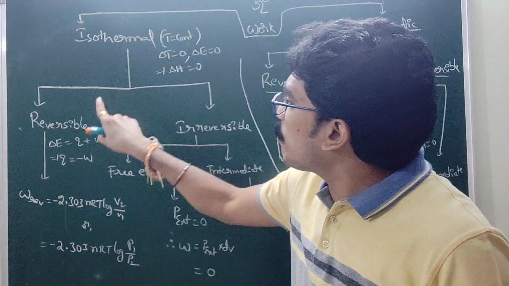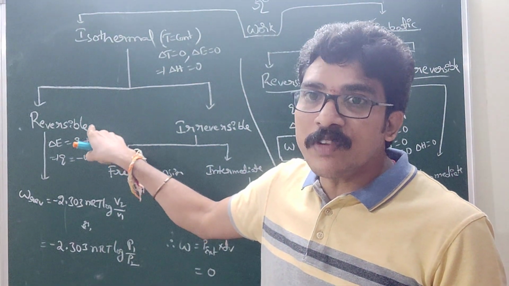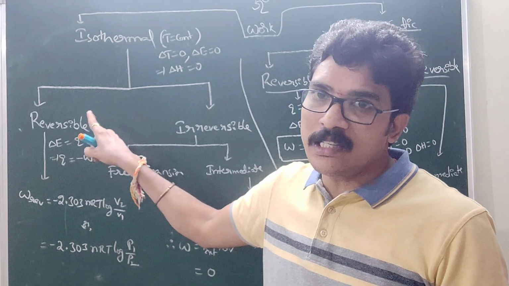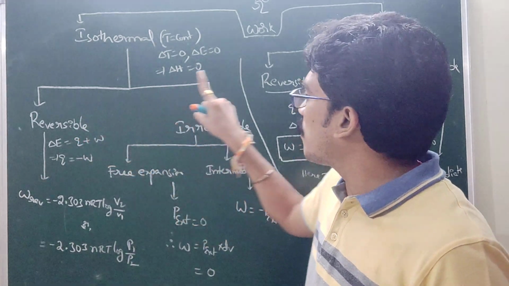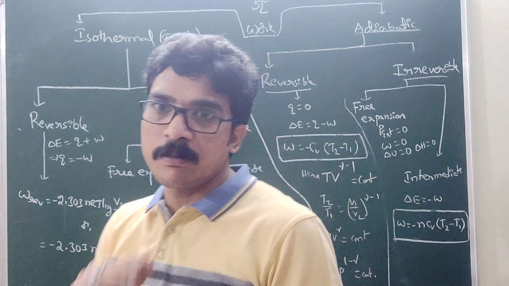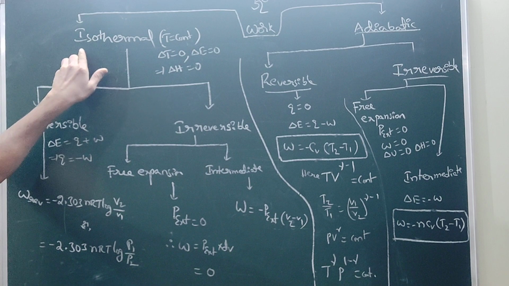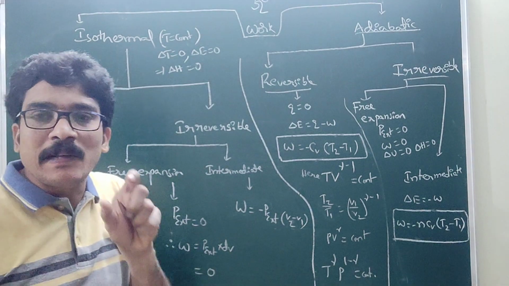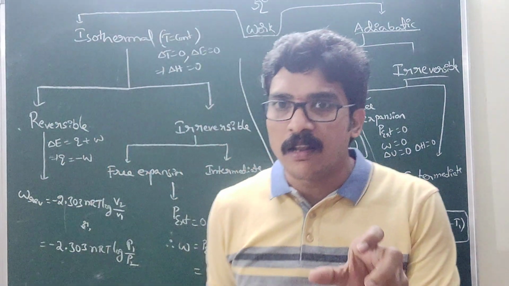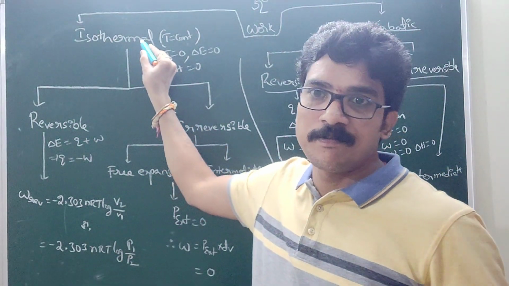Suppose the process is reversible, how to calculate the work done? Suppose the process is irreversible, how to calculate the work done? I will explain in a detailed manner. First of all, the meaning of isothermal is constant temperature.